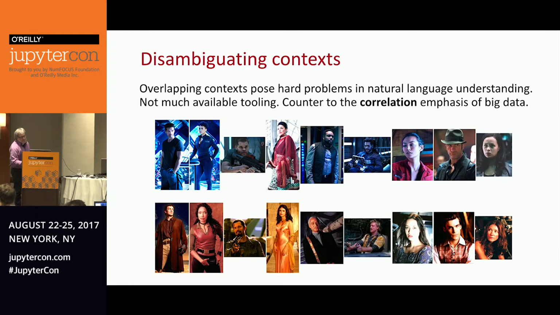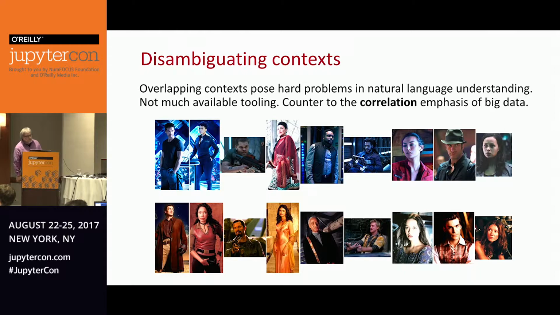But there's a problem. Disambiguating context is hard, and it's not something that deep learning is going to solve anytime soon, apparently. It's not something that ontology really solves, and there's not a lot of tooling around yet. When you have overlapping contexts, it gives you a hard problem in any kind of natural language understanding.